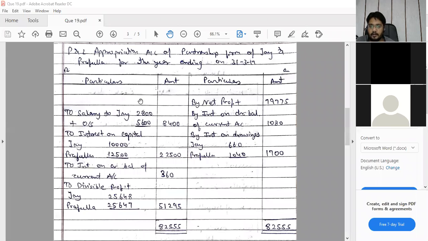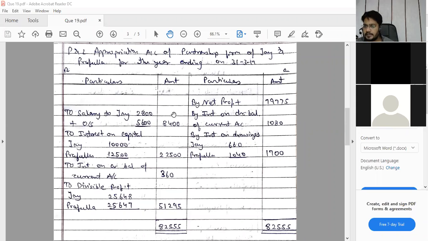Now the second effect, total salary of Jai for the whole year is 8,400. So write on the appropriation debit side, to salary of Jai, total 8,400. But try to understand, from 8,400, 2,800 he already withdrew.